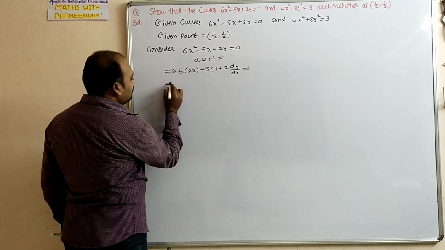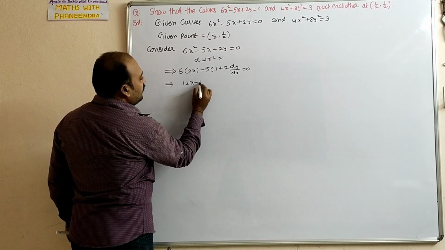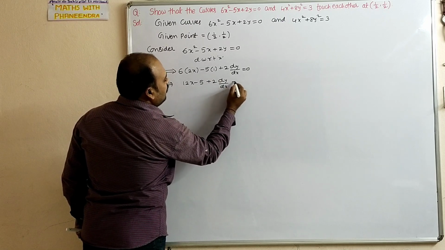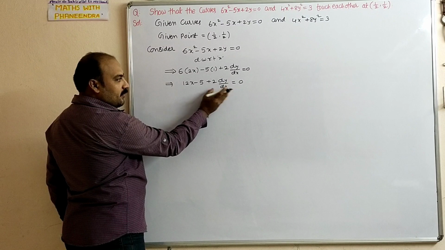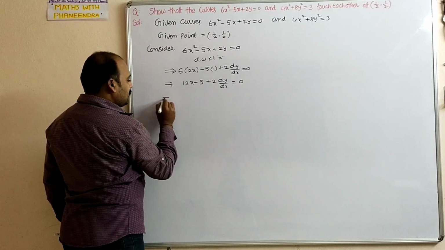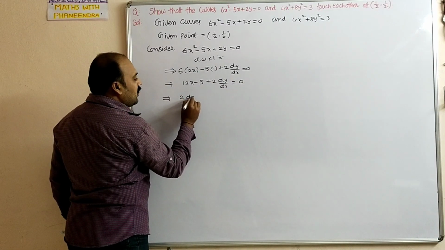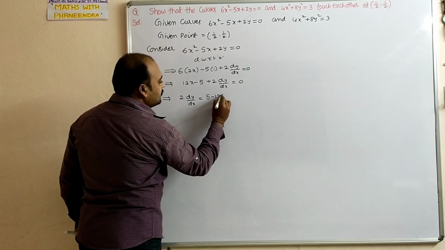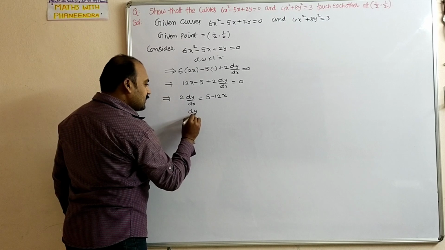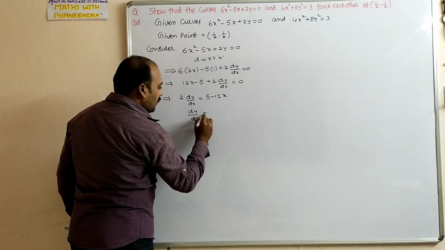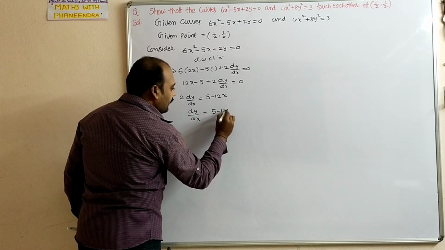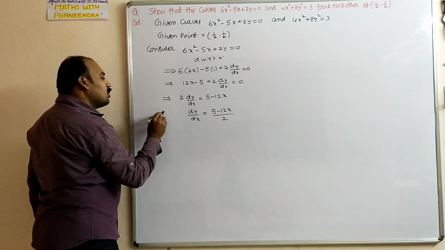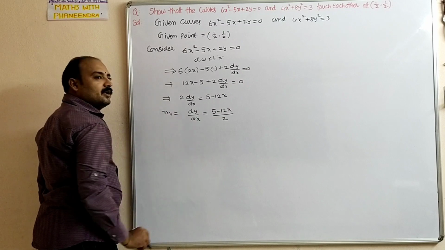So that implies 12x minus 5 plus 2 into dy by dx is equal to 0. Except the dy by dx term, the remaining I am taking to this side. That implies 2 dy by dx is equal to 5 minus 12x. dy by dx equal to 5 minus 12x divided by 2. This is which curve's slope? First curve slope. So I am noting it as m1.